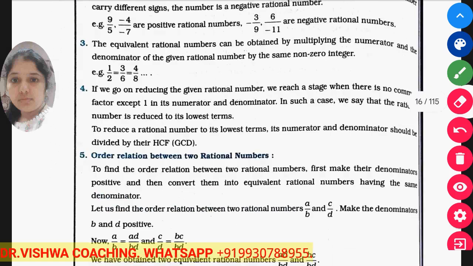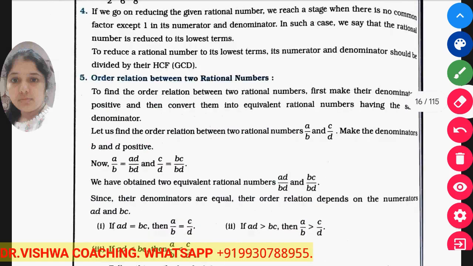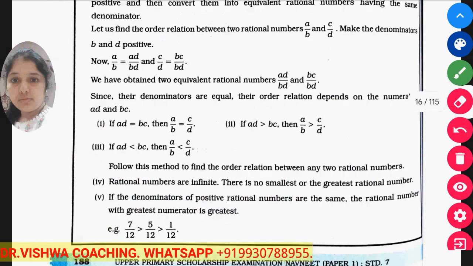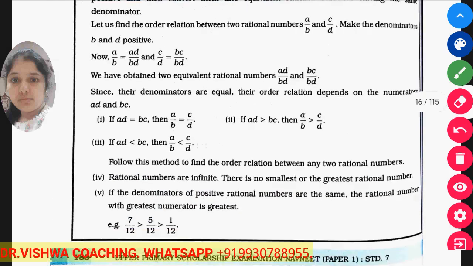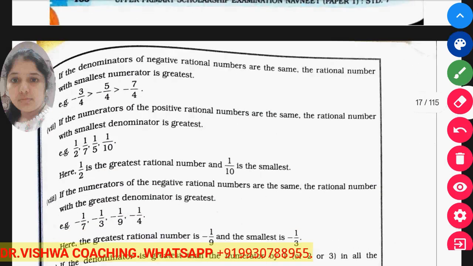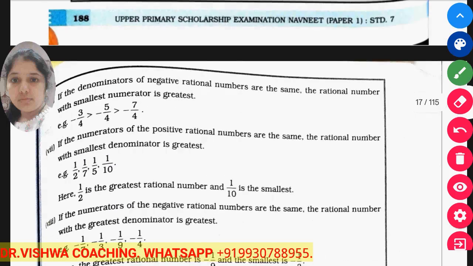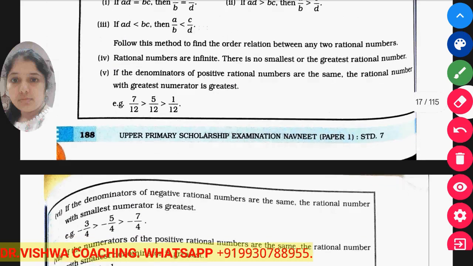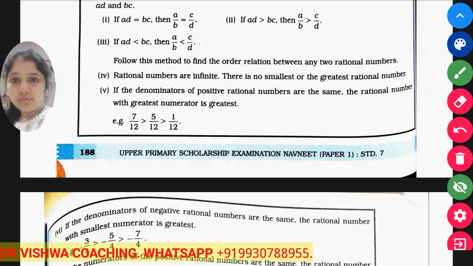I think we will directly take it. Some of the points we just learn, and then we'll move ahead. Okay, now see. If the denominator of positive rational numbers are same, now see here, 7 by 12, 5 by 12, 1 by 12.